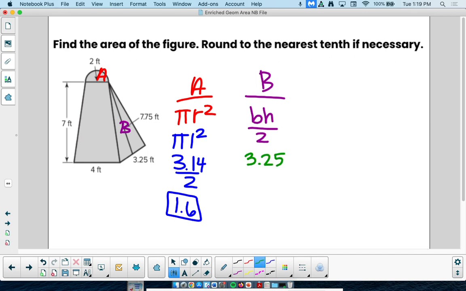What's the height? 7.75. All over 2. Nearest tenth, what are you guys getting? 2.6.